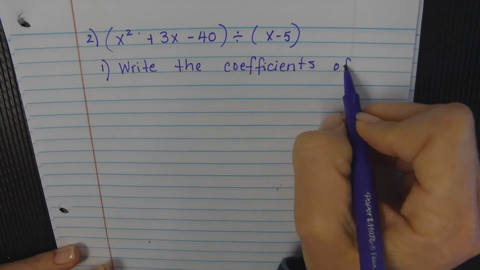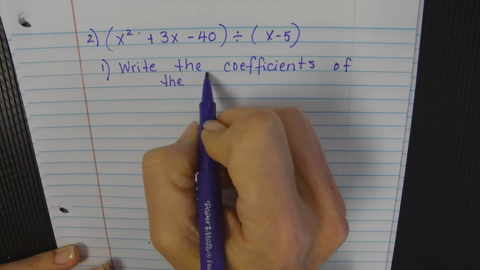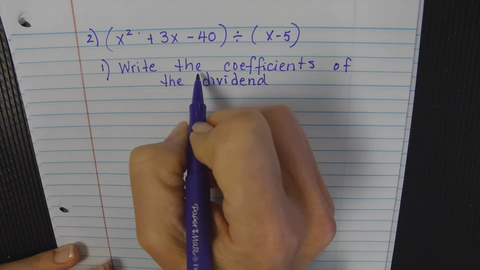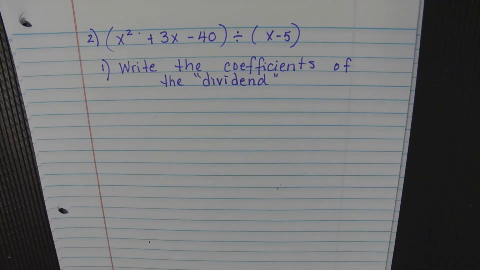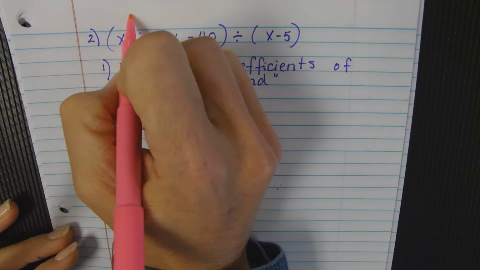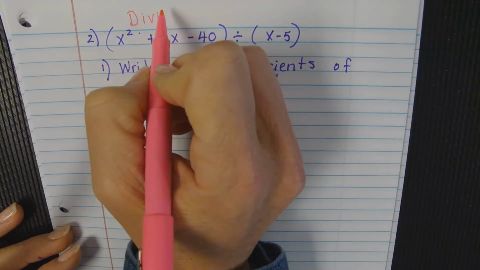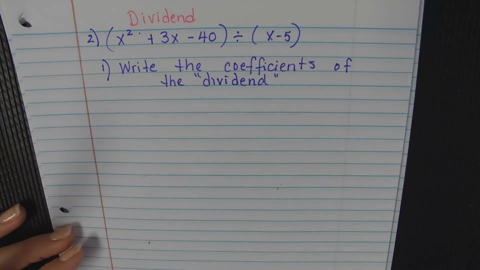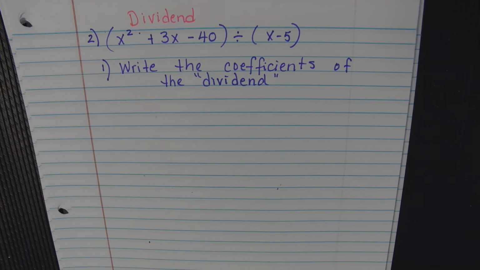If you want to know the fancy word, it is called the dividend. Is it okay if we write one for the X?